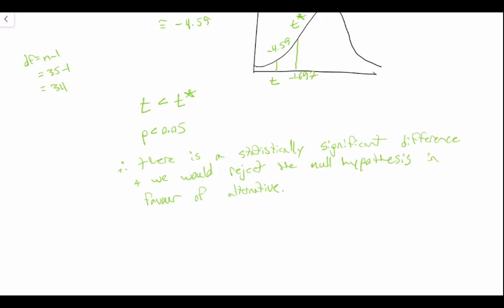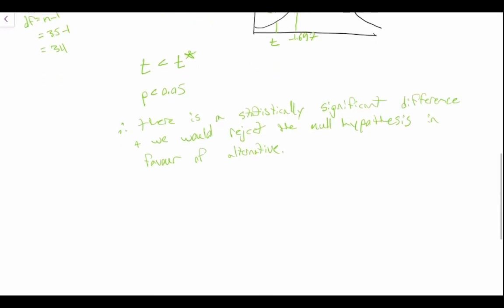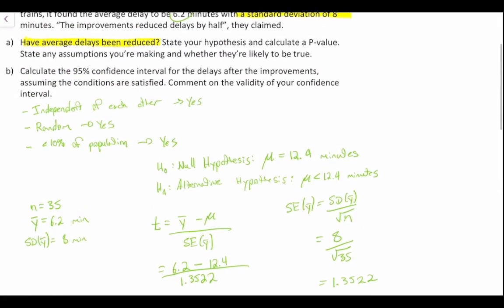But we'd want to give careful consideration to whether or not we could assume a t-distribution. If you can assume a t-distribution, then we can say that we would reject the null hypothesis in favor of the alternative, given our level of statistical significance. But if not, you wouldn't be able to make that conclusion. Okay, so now that we've done A, let's go to B.